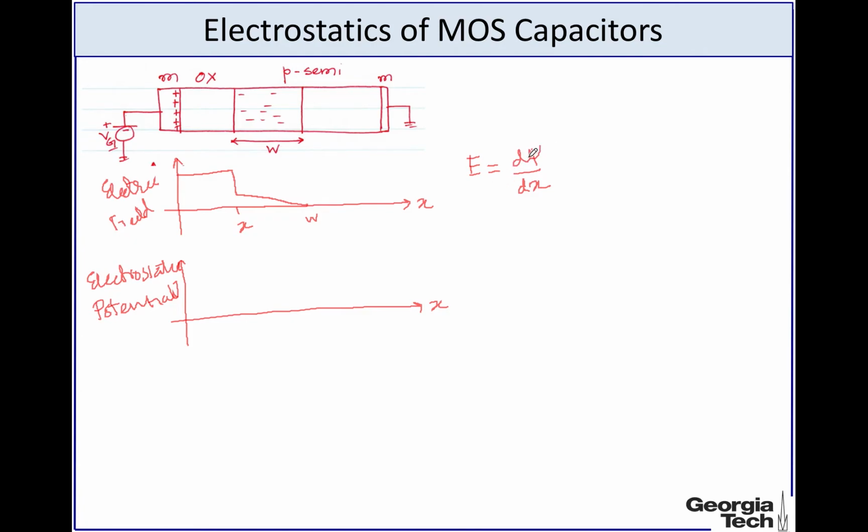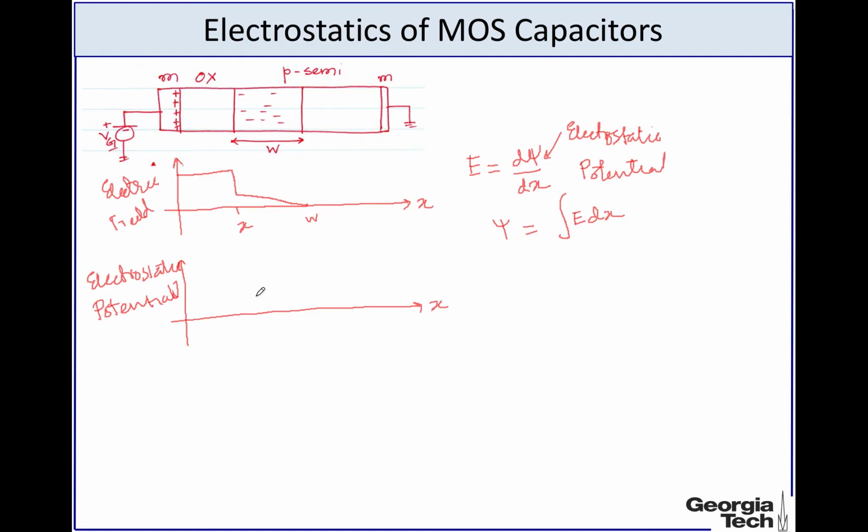In a one-dimensional system, it's simply E equals d psi by dx, where psi is the electrostatic potential. Alright, so if we want to calculate psi, what we need to do is simply take an integration of the electric field.